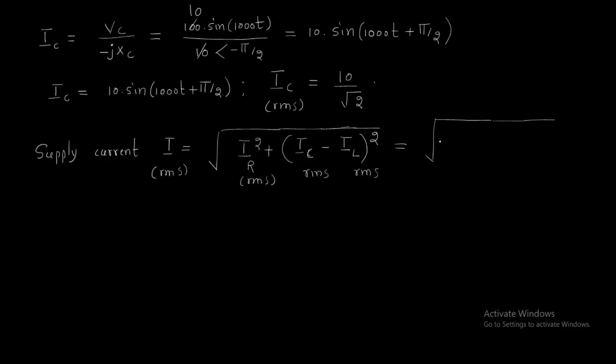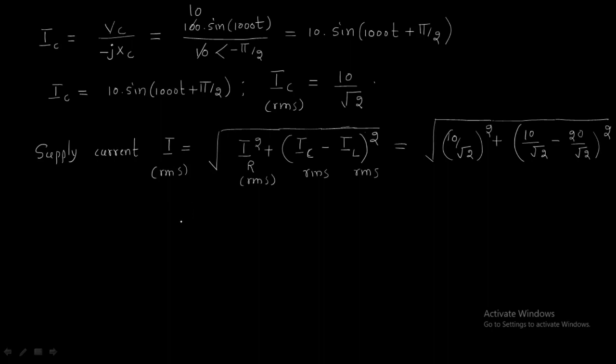So it's right here: 10 by root 2 whole square, minus capacitive current 10 by root 2, minus inductive current 20 by root 2, whole square.